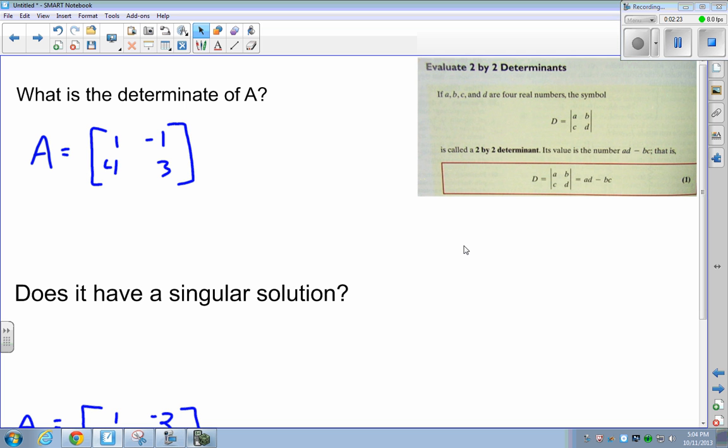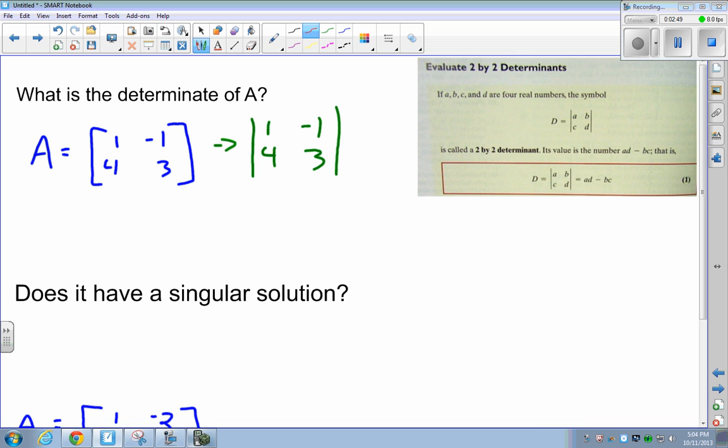So anyways, let's take the determinant of this matrix A. To do that, you can rewrite it as 1, -1, 4, 3, where these straight lines represent that we're taking the determinant.